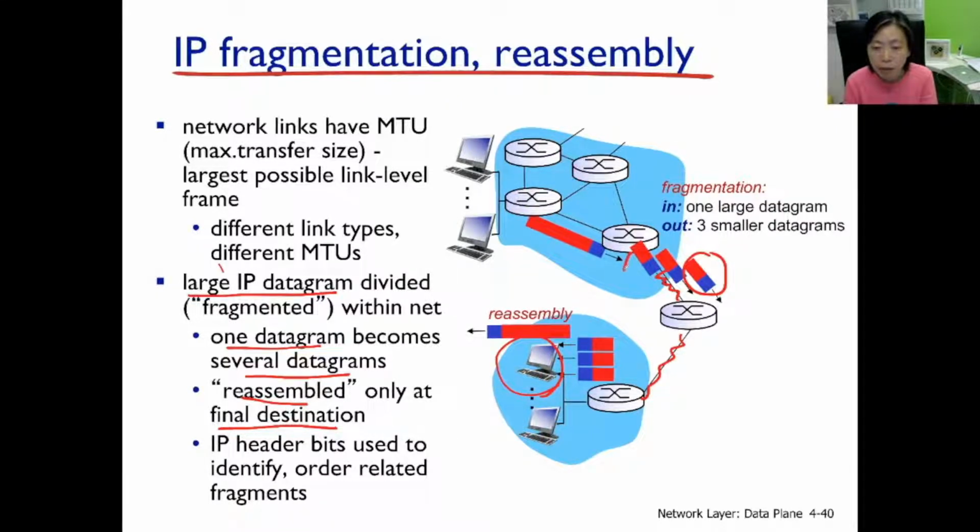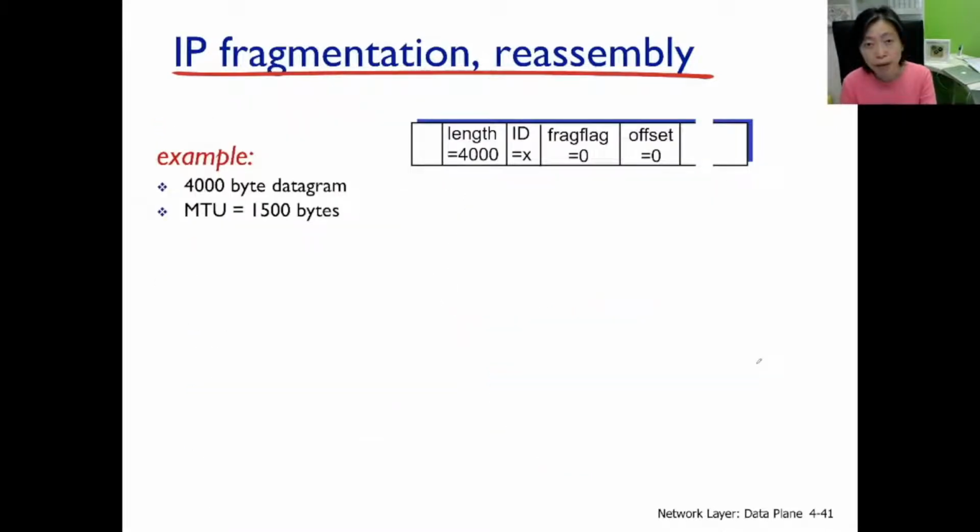Now the breaking of the original datagram into multiple parts and the reassembly of the multiple parts back into the original datagram relies on those three IP header fields. Let's go over an example to showcase the three header fields: ID, fragmentation flag, and offset. The example says we have a large datagram of 4,000 bytes, and we're running into a link with an MTU of 1,500 bytes.